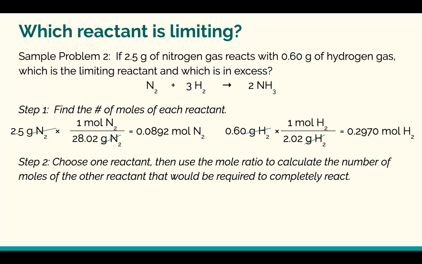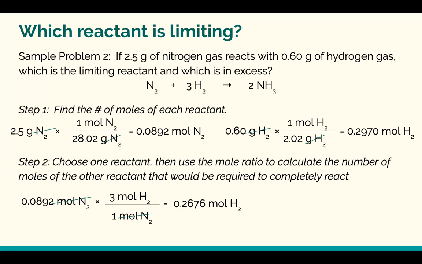We're going to choose one of them, use the mole ratio to determine how much of the other reactant would be required to completely react. So if we choose nitrogen again, we're going to convert that to hydrogen. So this tells us that in order for all of our nitrogen to react, we would need 0.2676 moles of hydrogen.